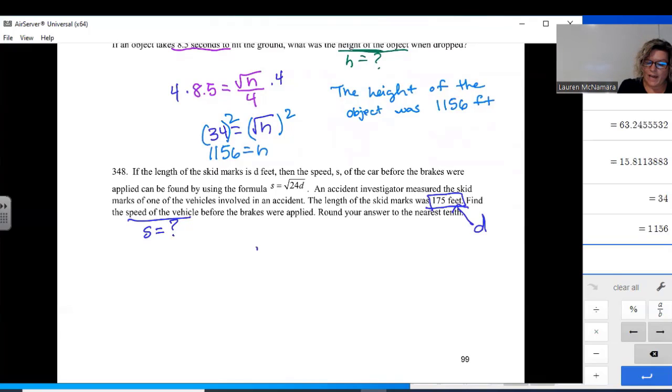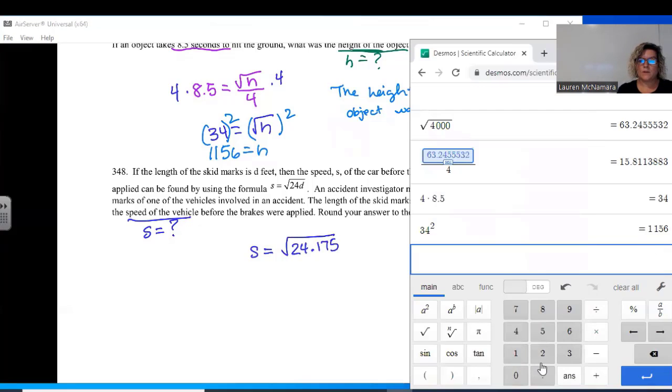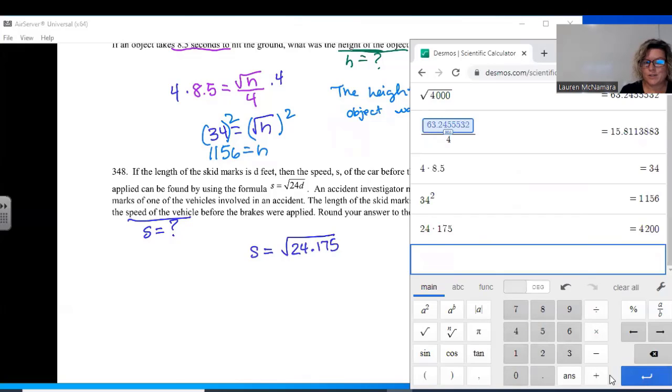So here I have S is equal to the square root of 24 times 175. So say I wanted to do that first. So I have S is equal to the square root of 4,200.